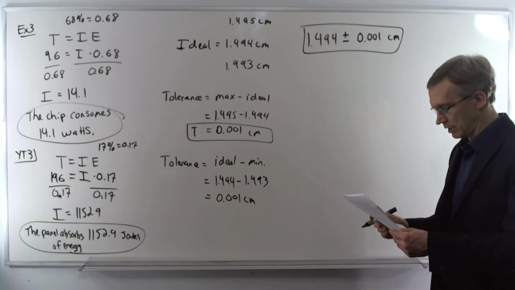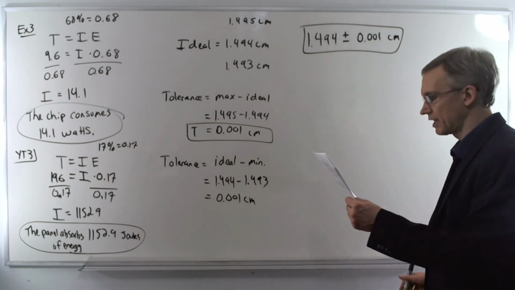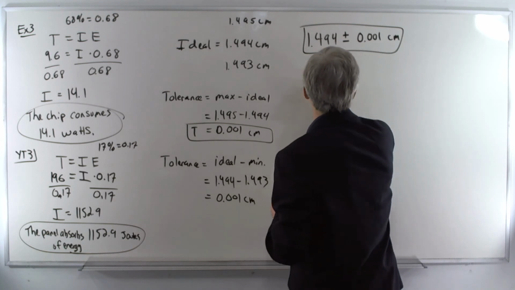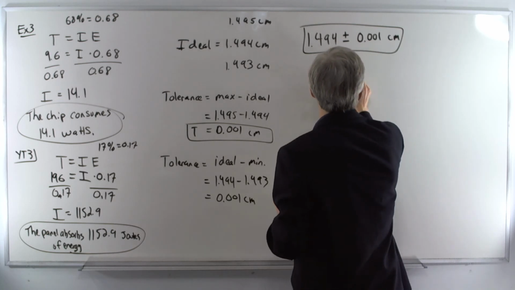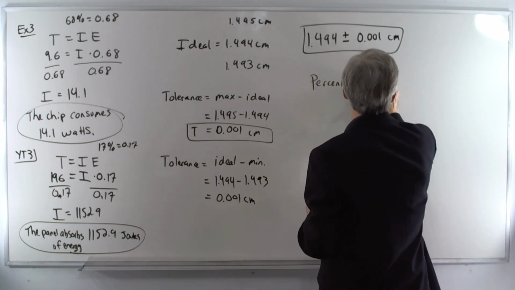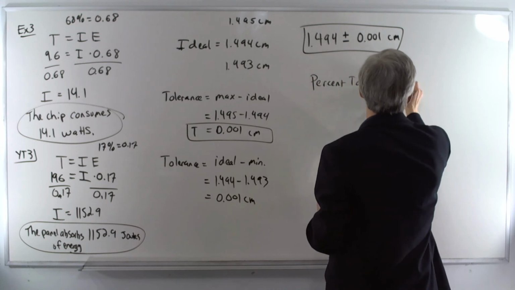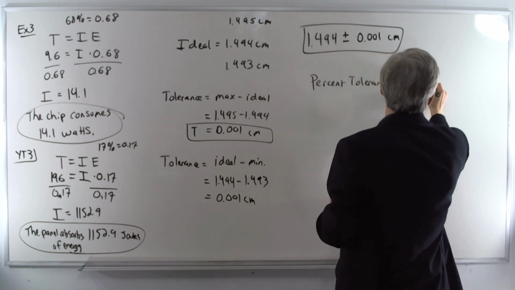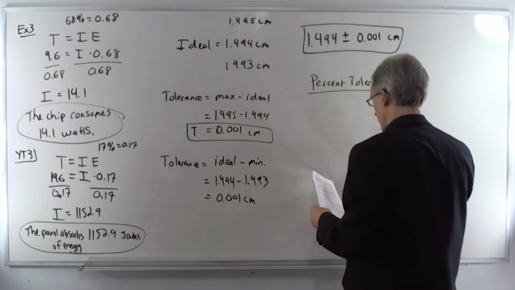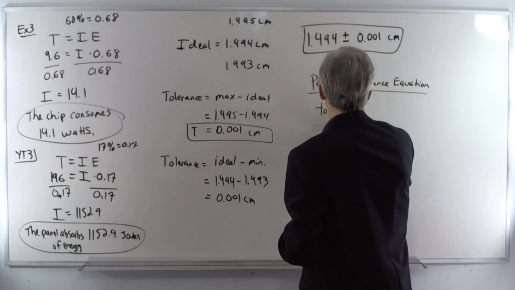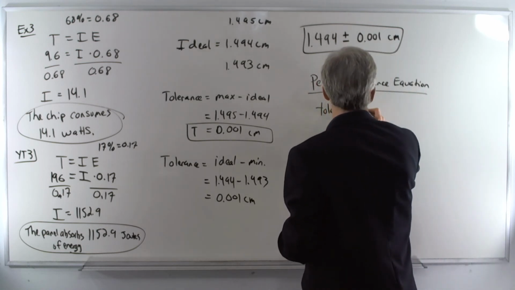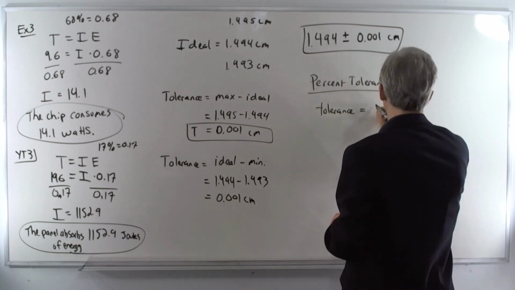All right, now we can use the TIP equation, the percent tolerance equation. Here's the ideal.